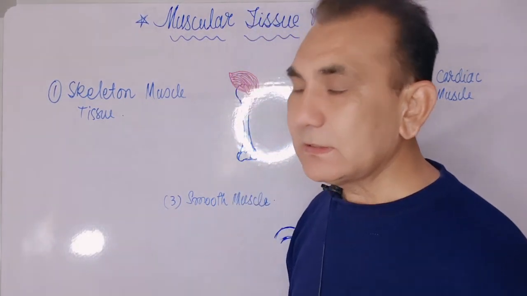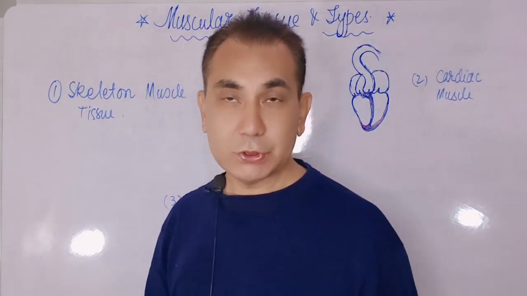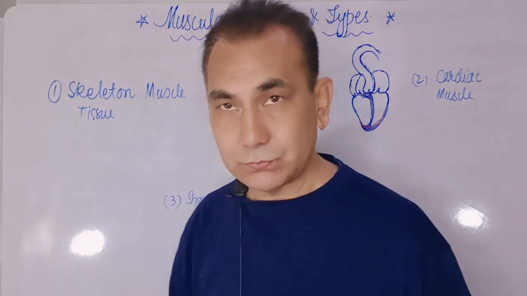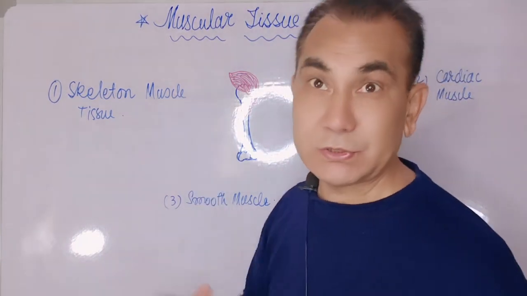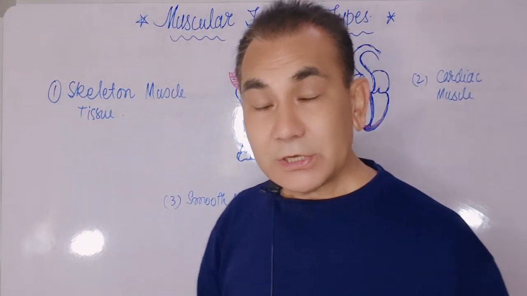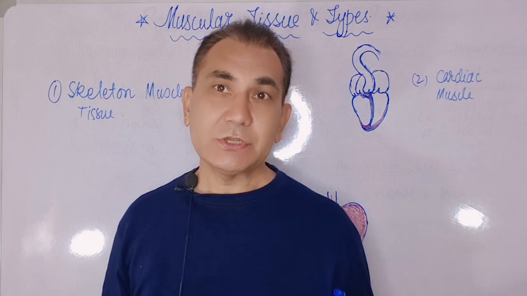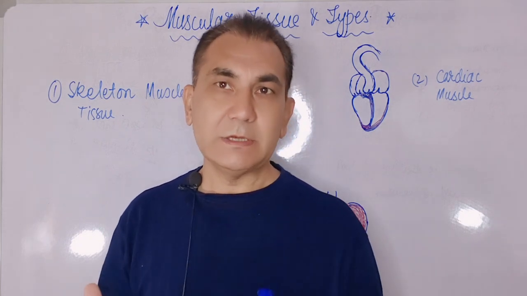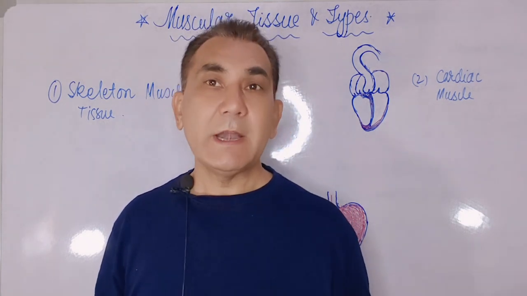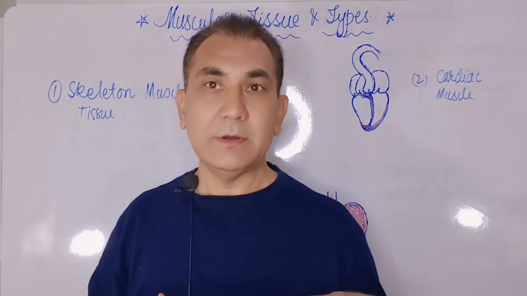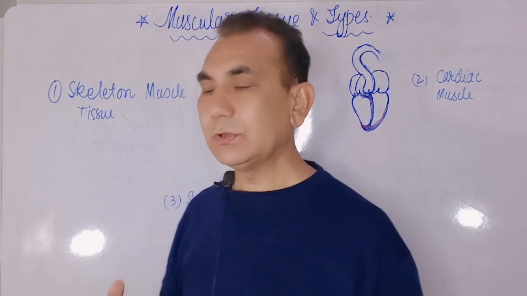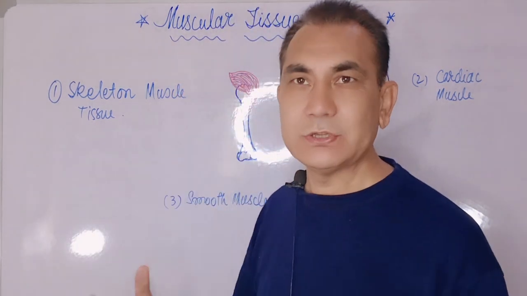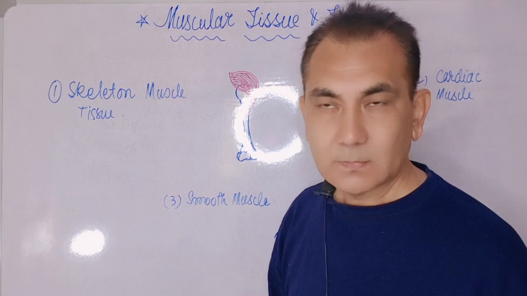Skeletal muscle is the largest proportion of muscular tissue, around 40 to 50 percent. Skeletal muscles are attached to the bones through tendons. They provide protection and structure, and also help in the movement of the body and joints.